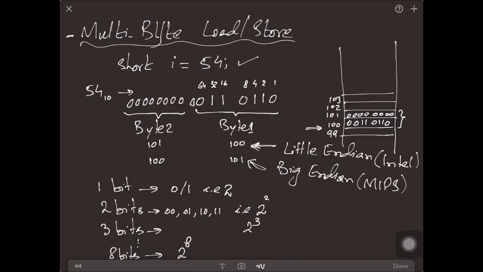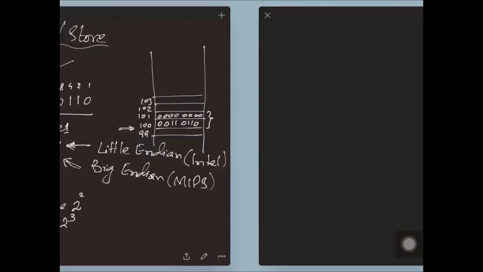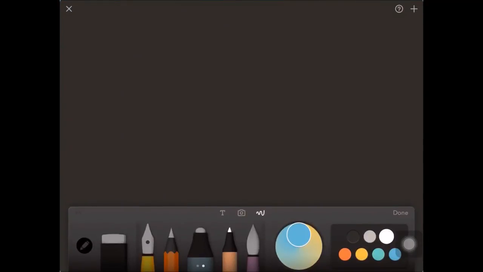Let me move on to the next board. And let me say that for unsigned storage, suppose that I have a storage of n bits.